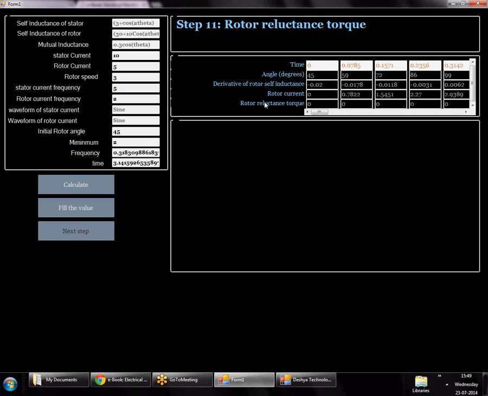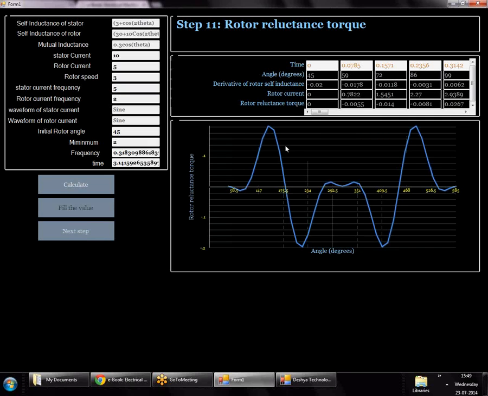So we go to the next step, rotor reluctance torque. Its average value, if we integrate that over a time period, is also going to be 0 because our rotor current frequency is 2, but the rotor's angular speed is 3 radians per second. So they are not equal.